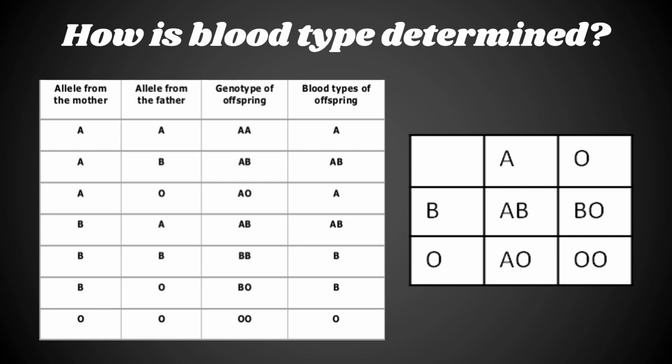The B allele is also dominant to the O allele. This means that the O allele is recessive to both A and B. A and B are what is called codominant. That means that they exist together when present together. That is why there is the AB blood type. Punnett squares can be used to determine which blood types are possible in the offspring of 2 parents.